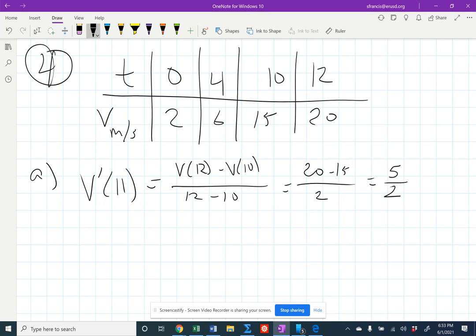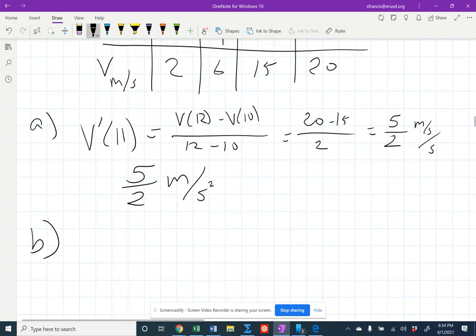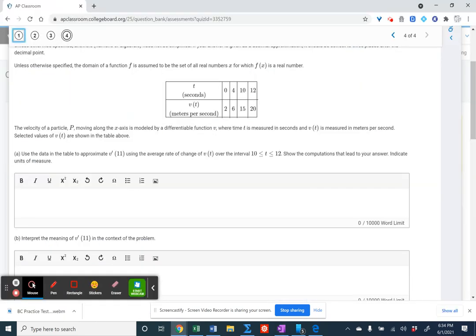And since the numerator is in meters per second and the denominator is in seconds, the answer is 5 halves meters per second per second, or meters per second squared. Your choice. 1 point for the units. Interpret v prime of 11 in the context of this problem. In this question, the way it was phrased, they did not say to use units, so you didn't have to.